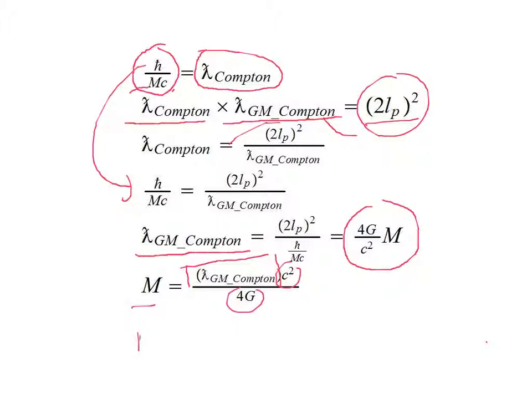For example, in our case of the mass of the observable universe, we have r sub h times c squared divided by 4G. And this is the equation that we use for the mass of the observable universe. And we have a direct connection between the radius, the hyperverse radius, and the mass of the observable universe.